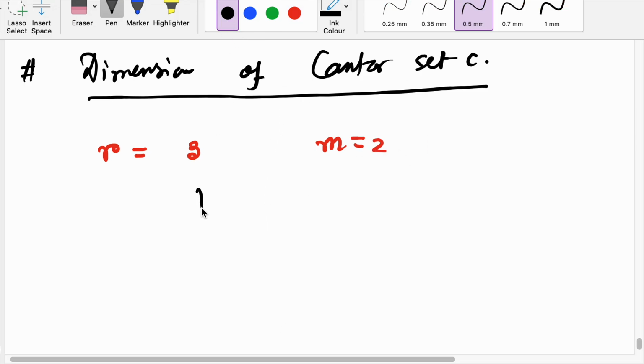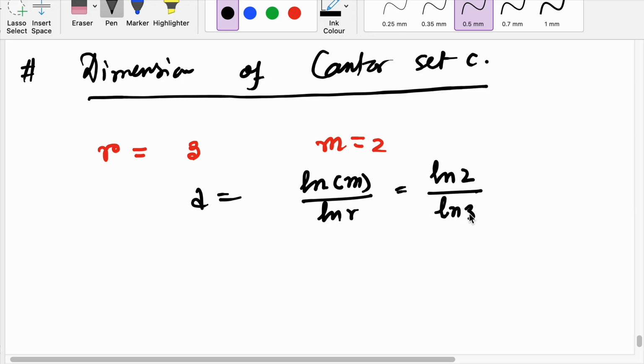That's why the dimension will be ln N by ln r, right? So that is ln 2 by ln 3.